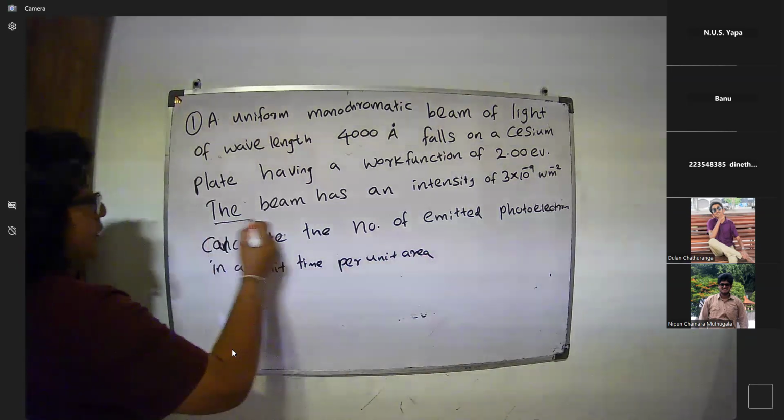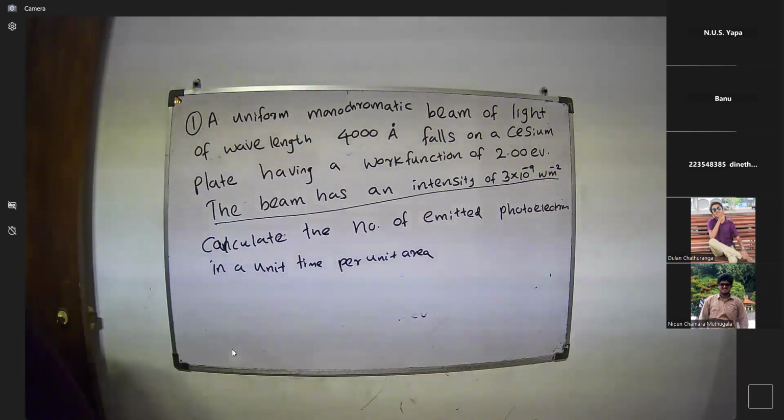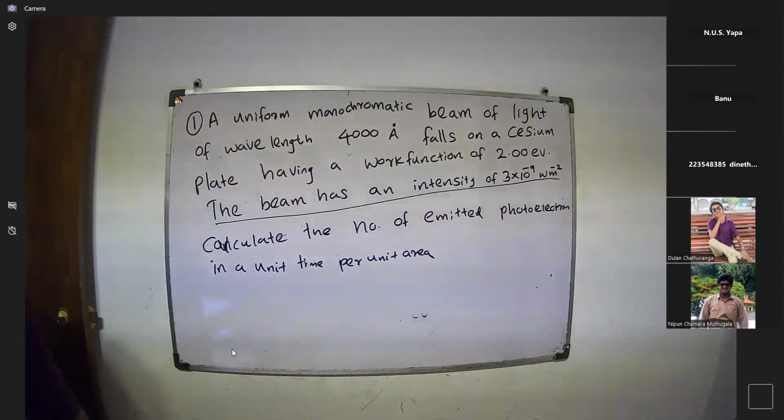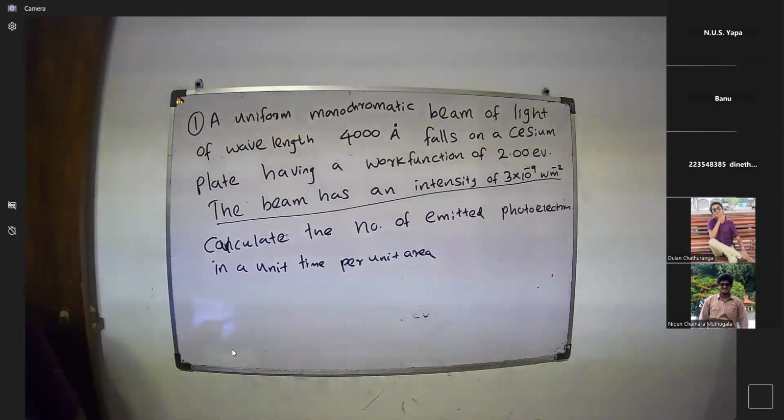The intensity is given, in W m^-2, joule per second per unit area. Right? The number of photoelectrons we can find.